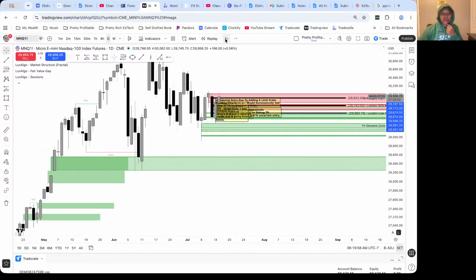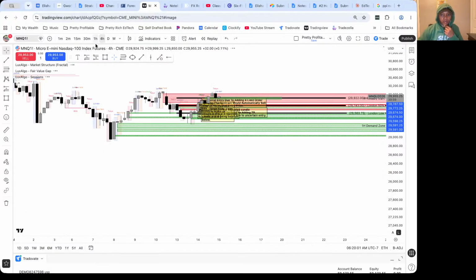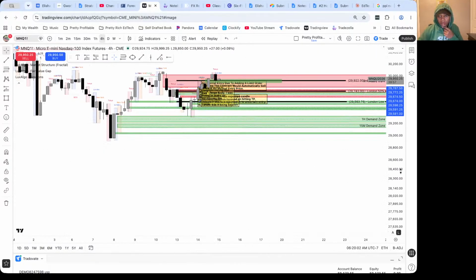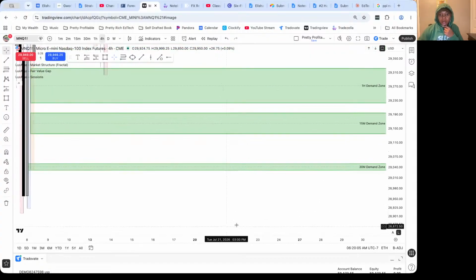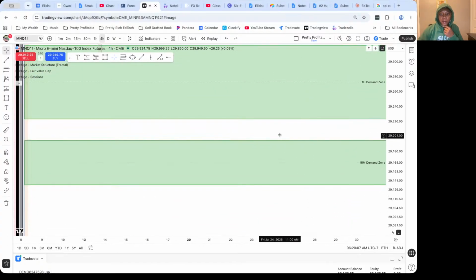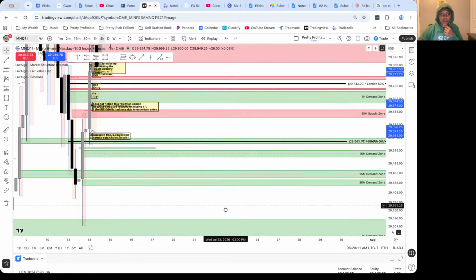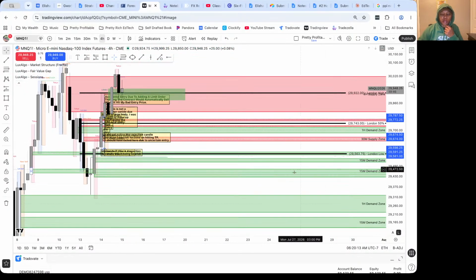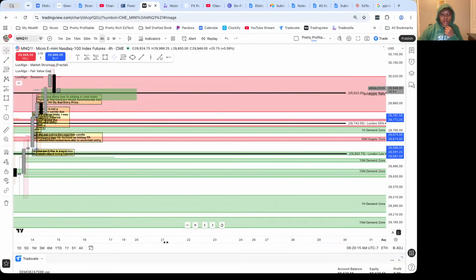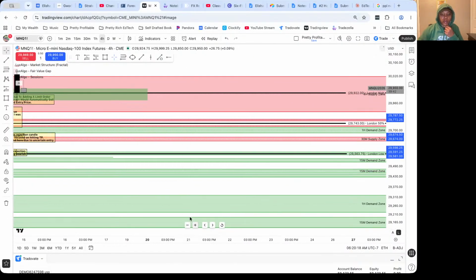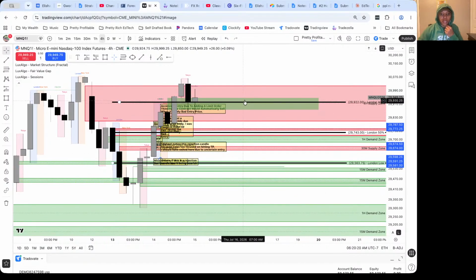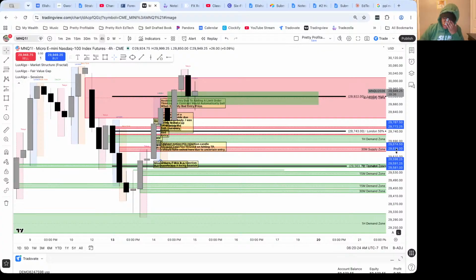Nope, we don't mark up demand zones on the daily. Okay, so we had a new zone form inside of the 4-hour supply zone.